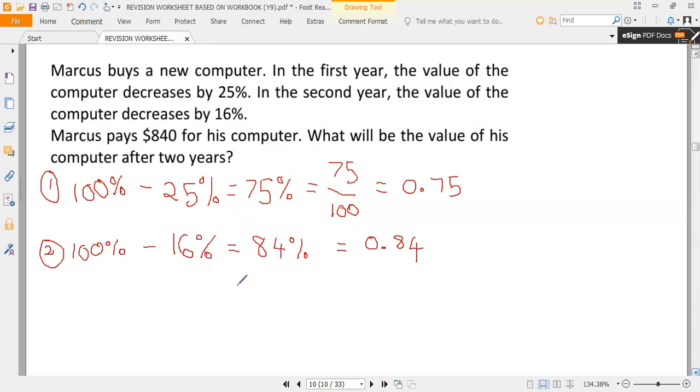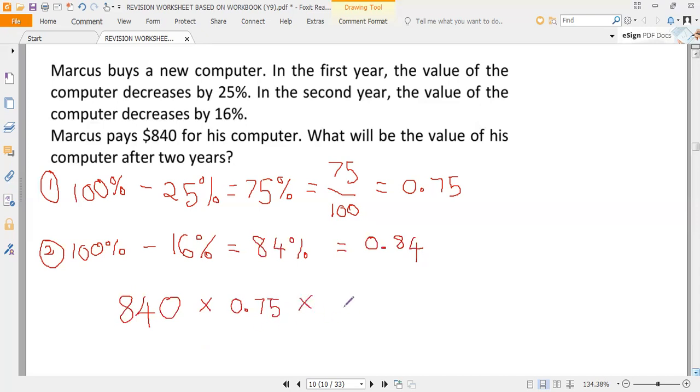So after that, final working for it. Make sure you have a calculator now. Originally it is $840. Multiply by 0.75, because we already calculated everything. So straight away multiply by 0.75 for first year.